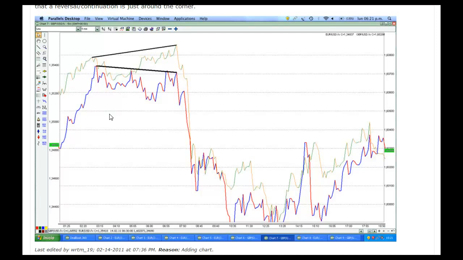The key is you want to look for a crack in their correlation at some point in time, and it's like a footprint in the snow.